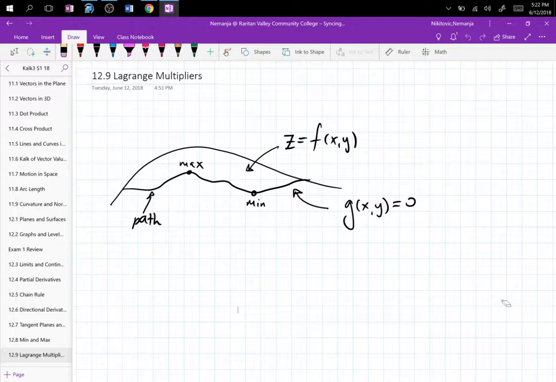The two gradients will have to be related by this parameter lambda, our Lagrange multiplier, which serves as the constant multiplier that allows us to equate the two gradients.